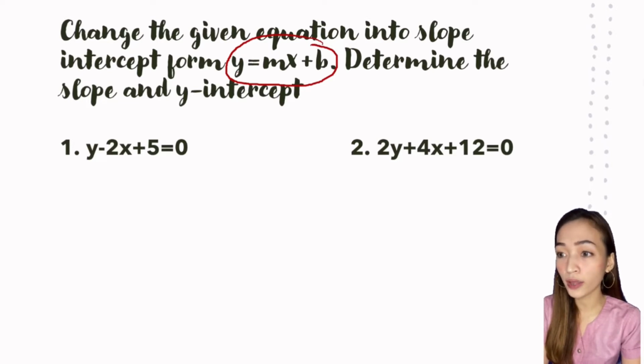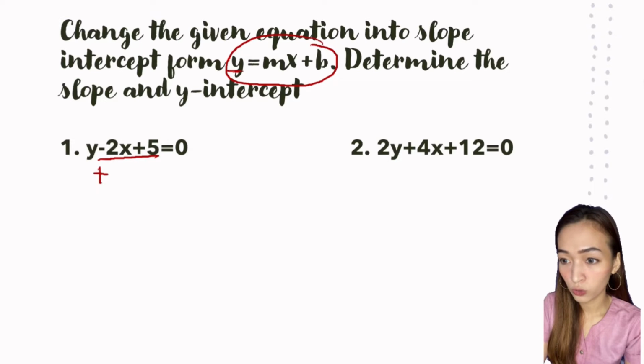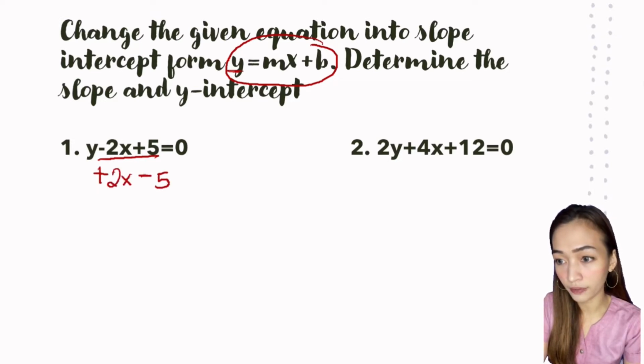Okay, so to get y, we need to add the opposite sign of our negative 2x plus 5. We need to add it on our left hand side and also to our right hand side. So the opposite sign of this one is positive 2x minus 5, right?